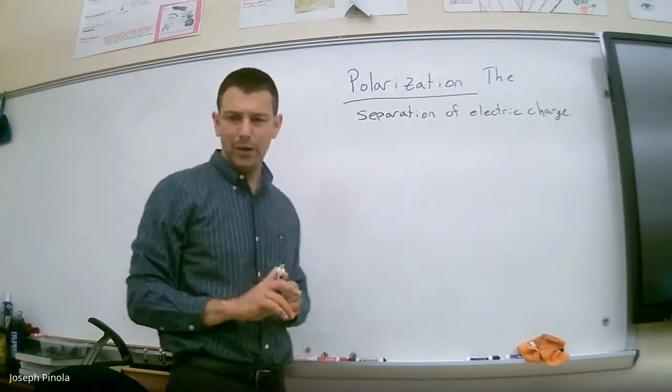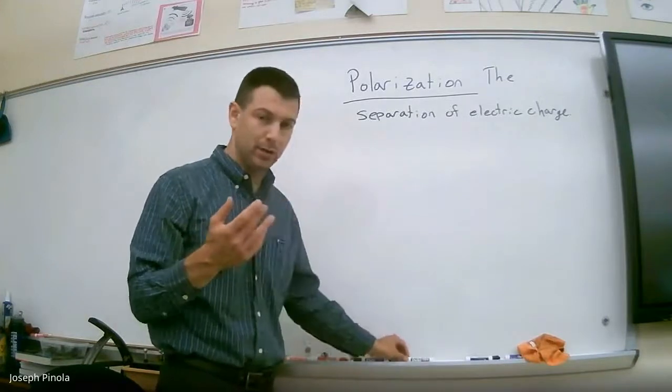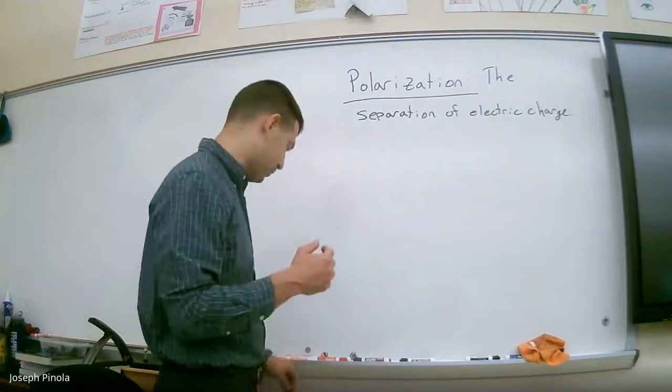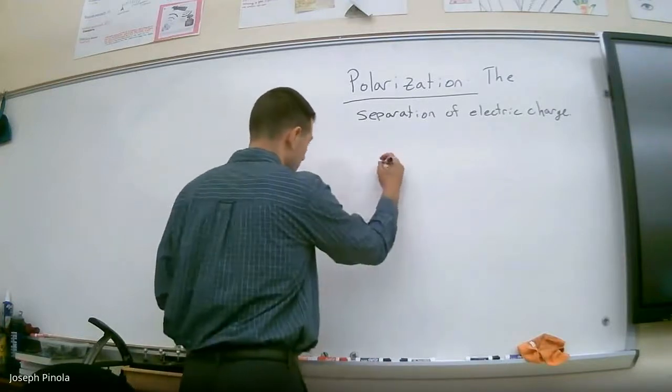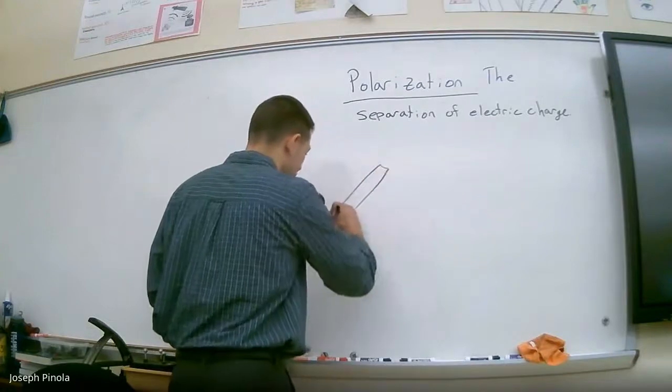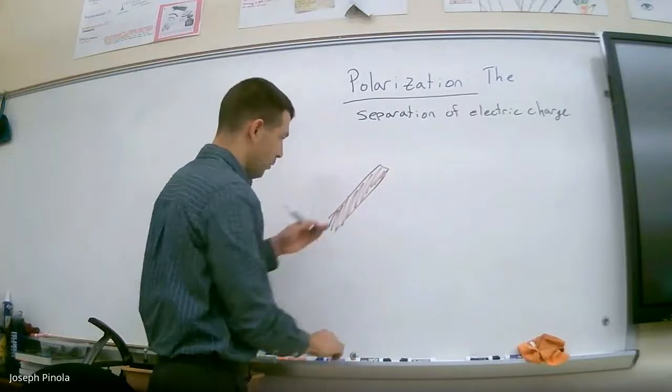Let's take a look at how that works and see if we can understand the water example that I just showed you in the previous demonstration. In that demonstration, we had a negatively charged rubber rod. So I'll draw a rubber rod here.